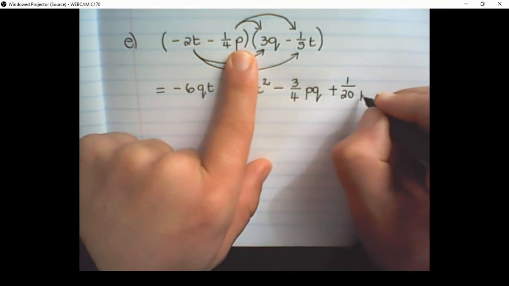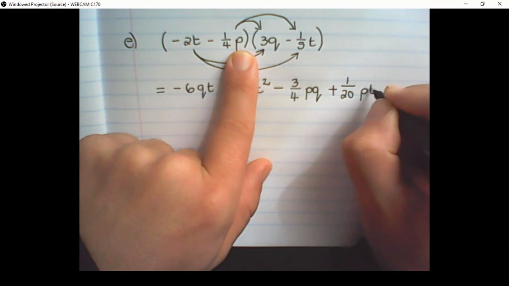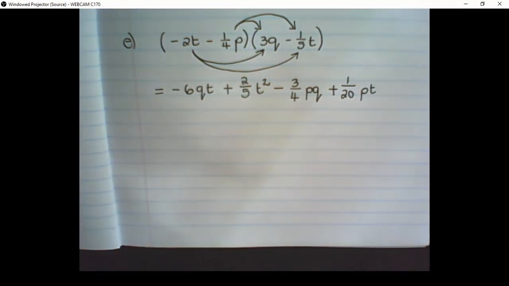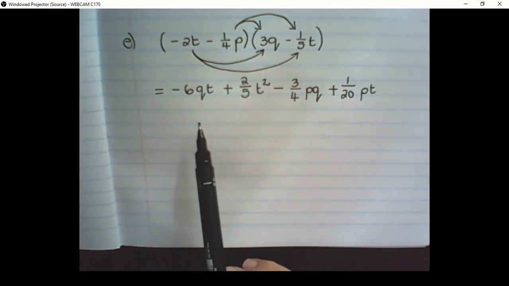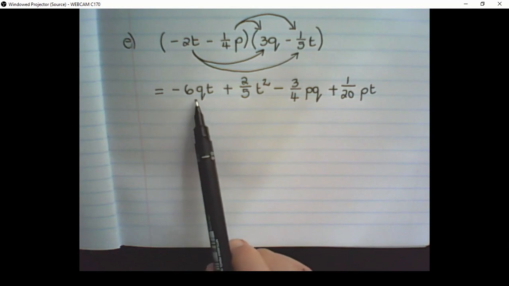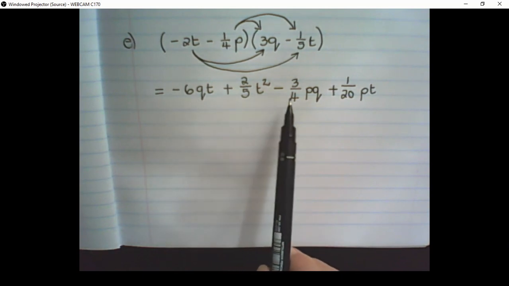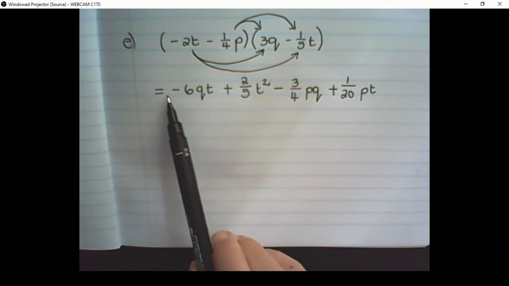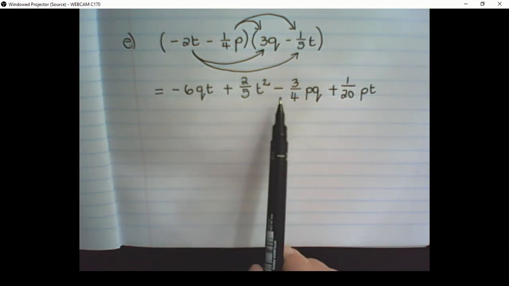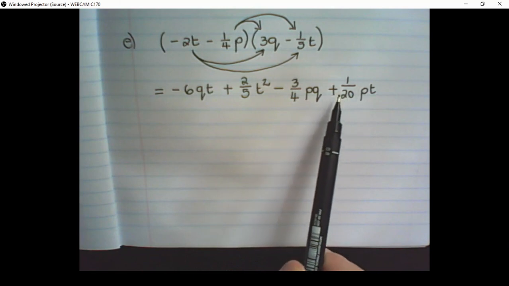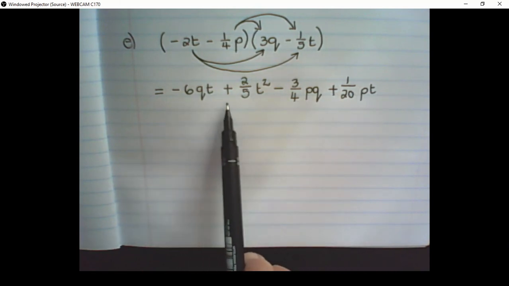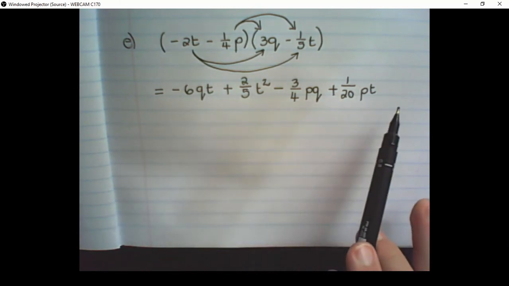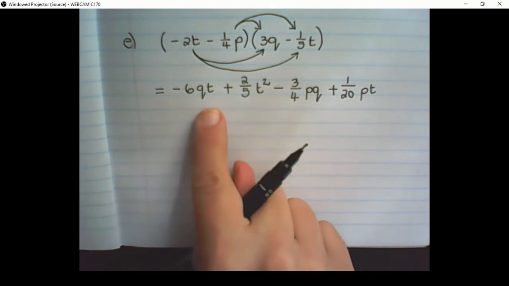We simply say p times t. So in our multiplying out, we don't have any like terms, meaning we cannot add any of the terms with each other. And because we can't go any further, we simply stop there, and that's our final answer.